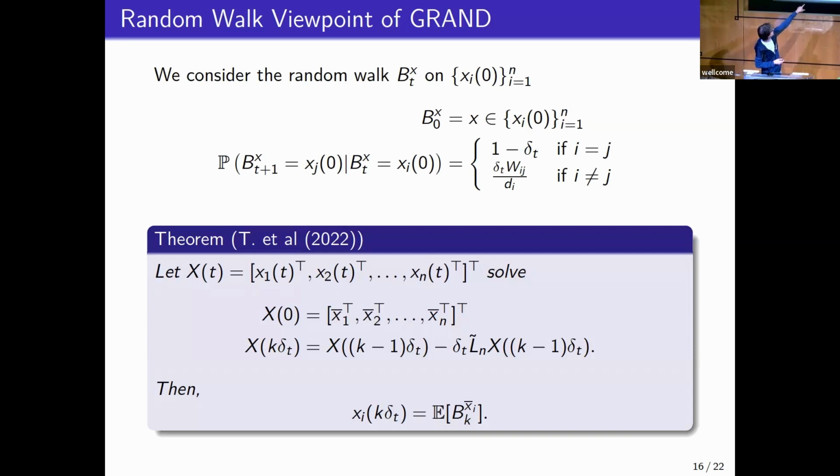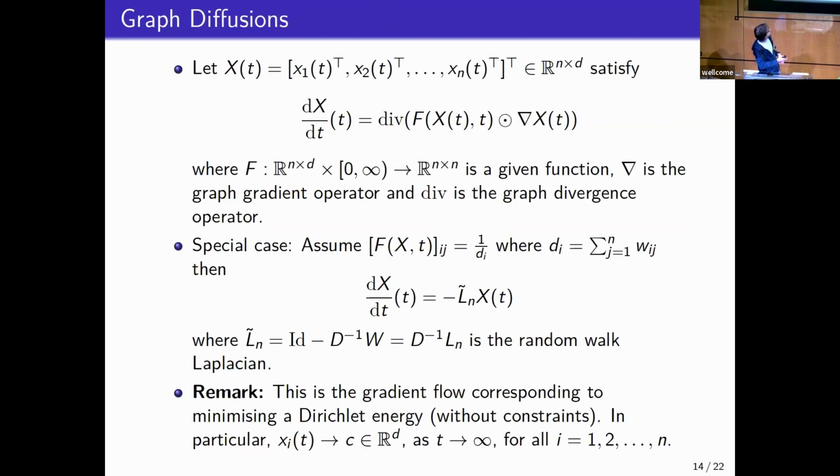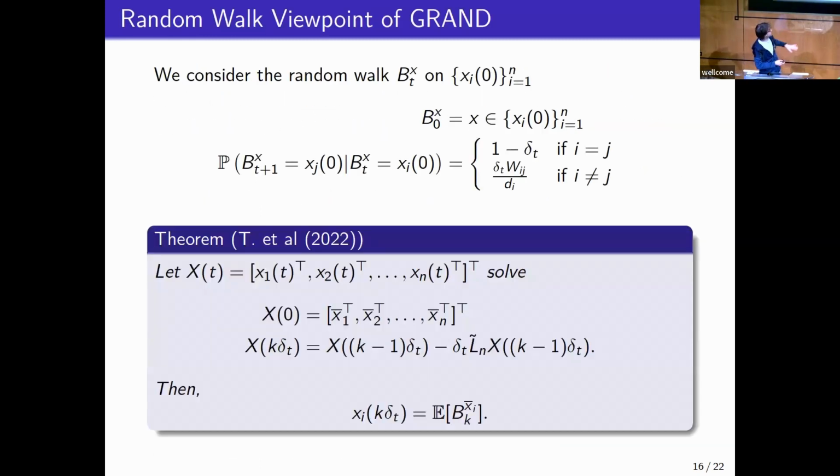Going back, this is more or less dx/dt equal to minus the random walk Laplacian times x(t). If you just discretize this, you end up with exactly this, where my delta t is my time step. So there's a direct connection between solving the very simple case of this graph neural network and this random walk, which is eventually going to forget where it is.